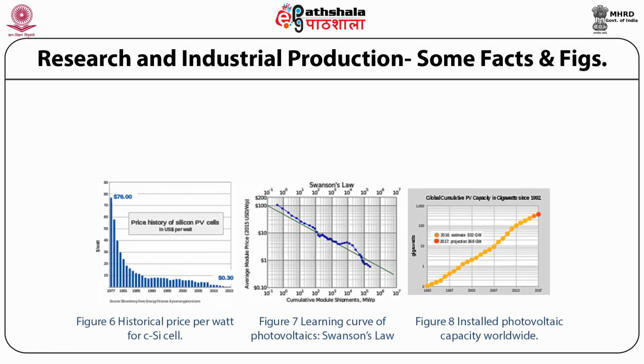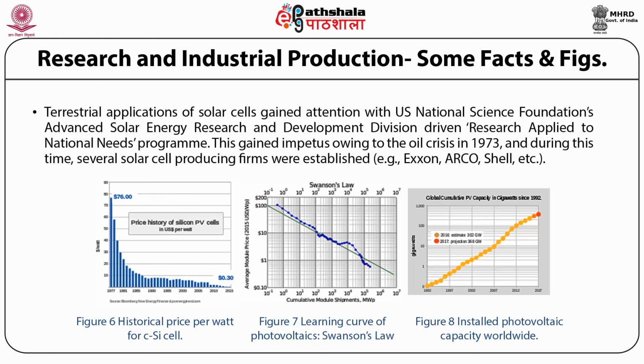Let us next discuss the research and industrial production, some facts and figures related to industrial production. Terrestrial applications of solar cells gained attention with the US National Science Foundation's Advanced Solar Energy Research and Development Division driven research applied to national needs program.